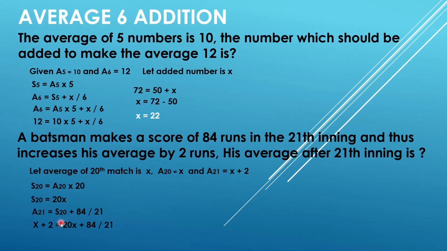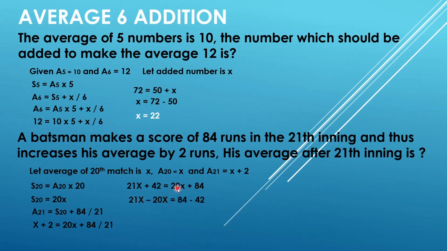Now we have only one variable, so we can solve this. If 21 goes here, we get 21x plus 21 into 2, meaning 42. So 21x plus 42 is equal to 20x plus 84. Then we can solve it.